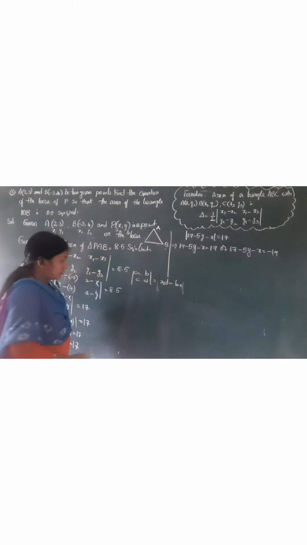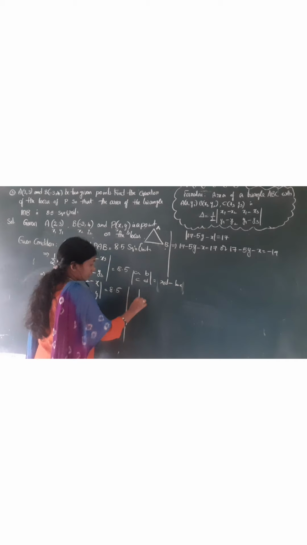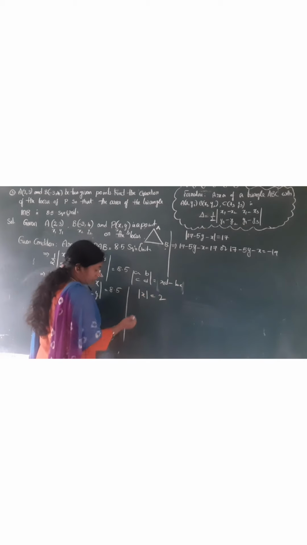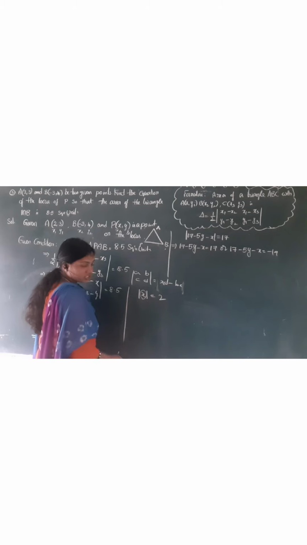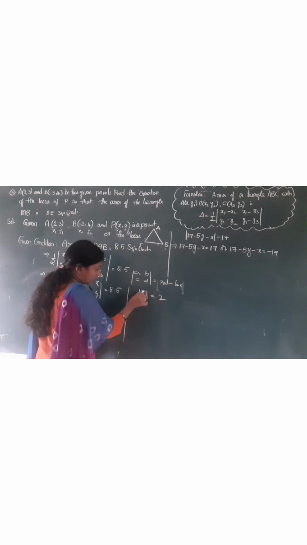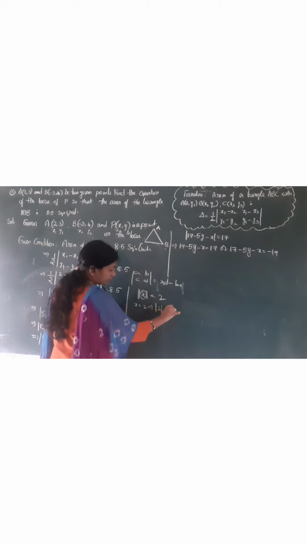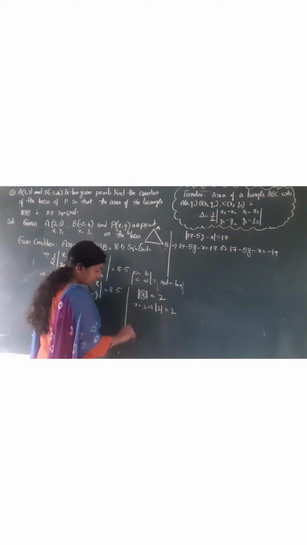How is it possible? See, suppose mod x is equal to 2. That means, for what values of x is its modulus 2? We have to find the unknown x such that the modulus of that value is equal to 2. If I take x equal to 2, mod 2 is 2 only. Modulus gives us positive 2.